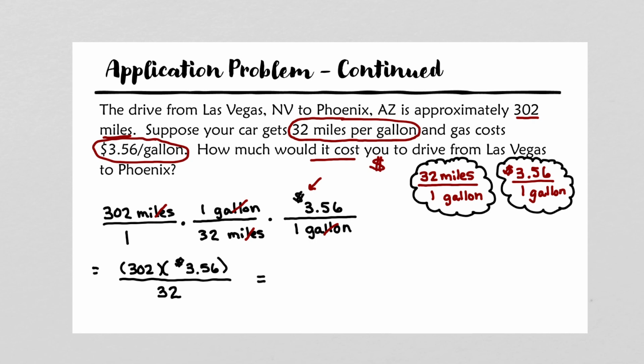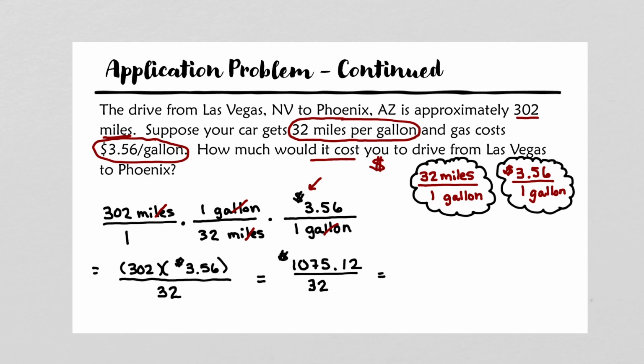Continuing on, using our calculator to assist us, we now take 302 and we multiply it by $3.56. That tells us in the numerator, I have $1,075.12. The last step then is to divide that number by 32 in the denominator. So I take that number and I divide by 32.